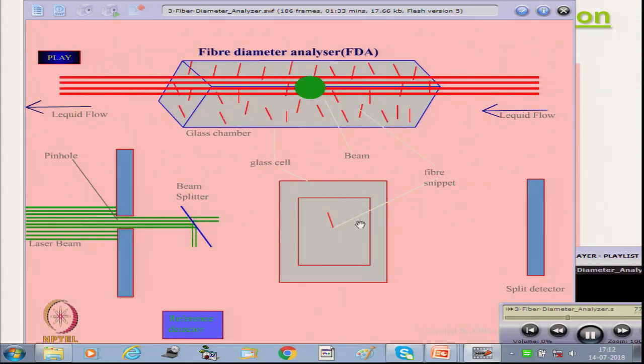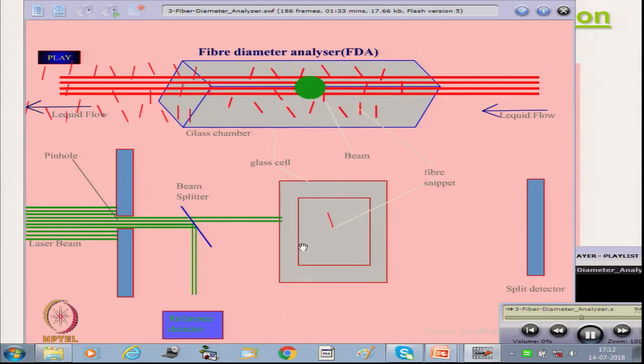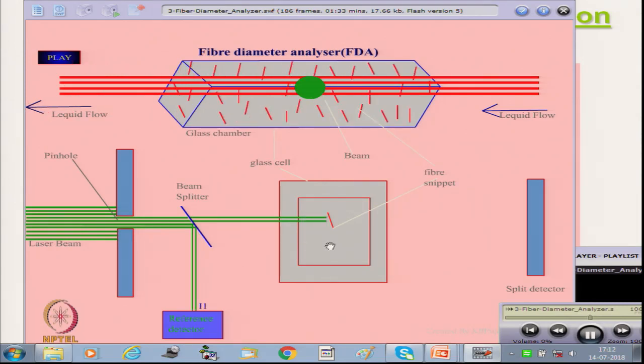Here a fiber snippet is coming, and if it crosses properly, then this is the split detector.